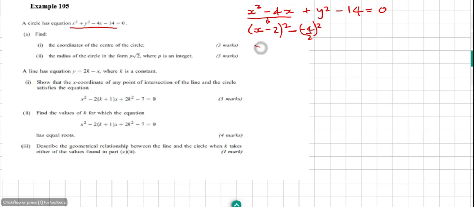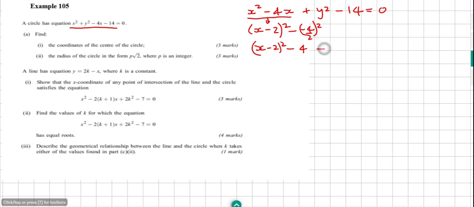So that's going to equal x minus 2 all squared. And then if I divide the minus 4 by 2, I get minus 2. If I square it, I get 4. And so I'm taking that away. So that's our x squared minus 4x written in completed square form.